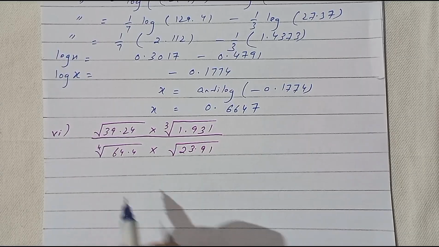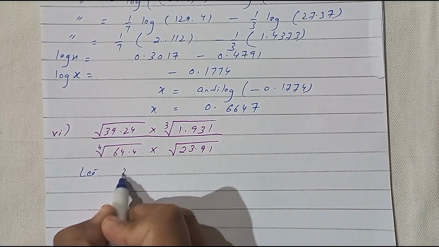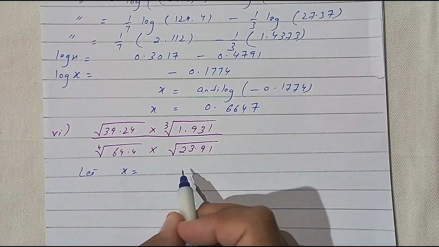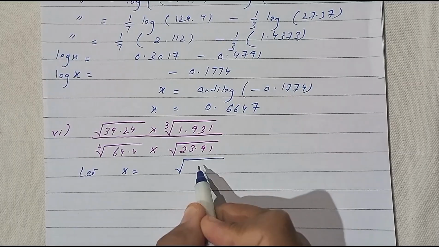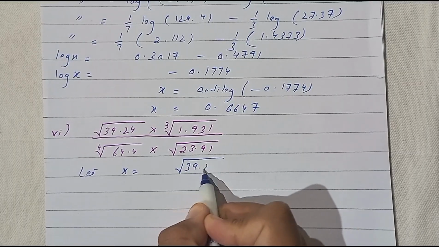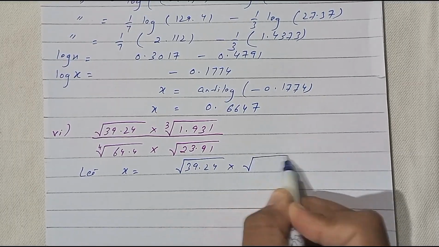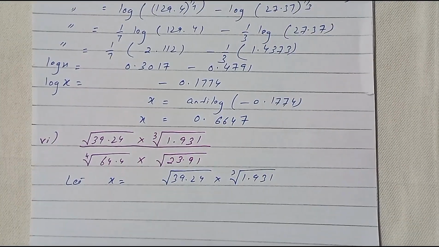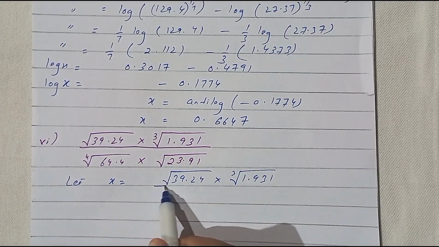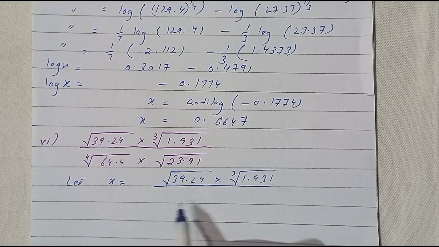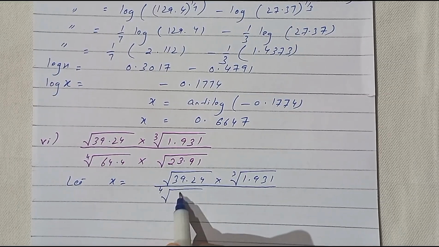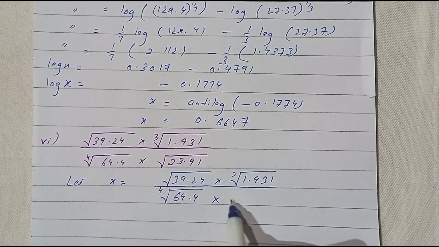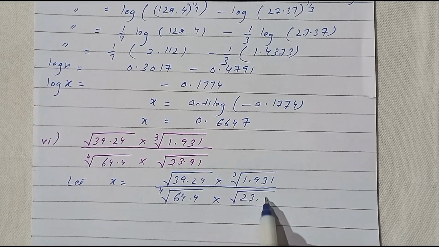In the 6th part, we let x equal to that whole quotient form, that is square root of 39.24 multiplied by cube root of 1.931, divided by 4th root of 64.4 multiplied by square root of 23.1.